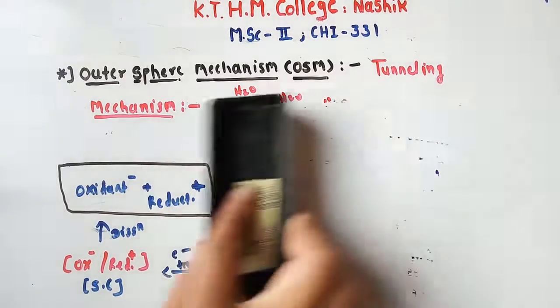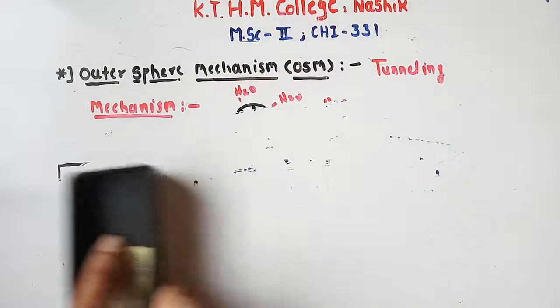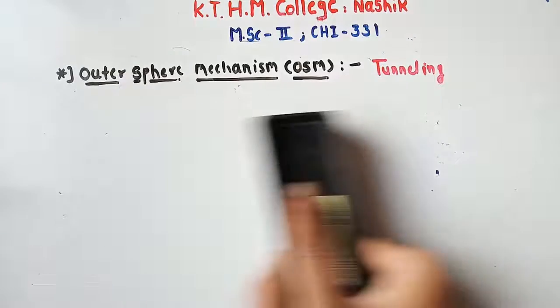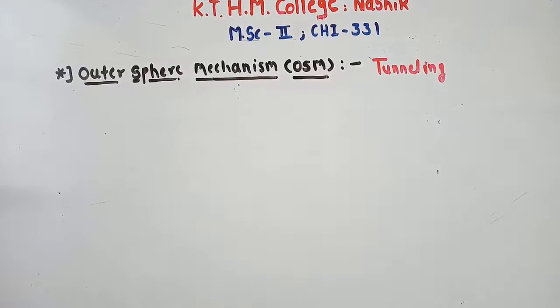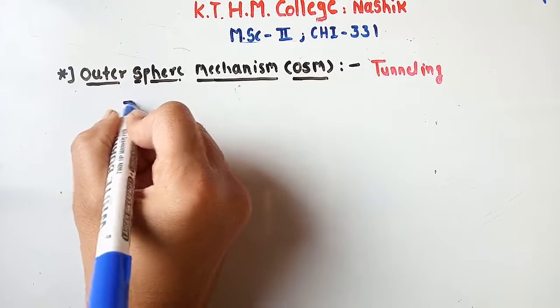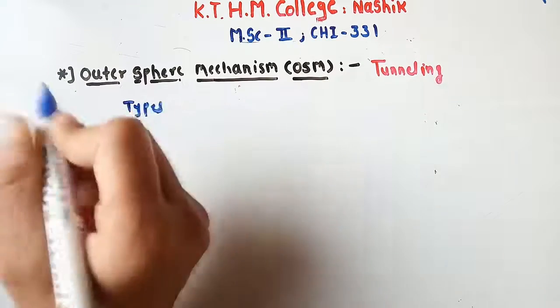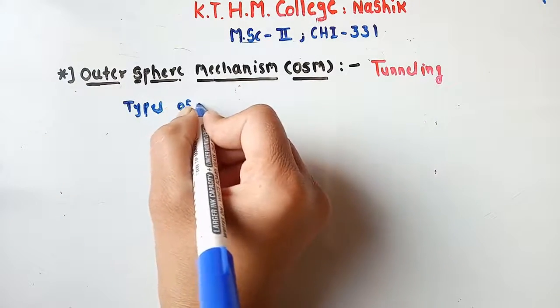Okay, so let's see some conditions. Let's see the types of electron transfer. The next point is types of electron transfer. Actually, there are three types of electron transfer.